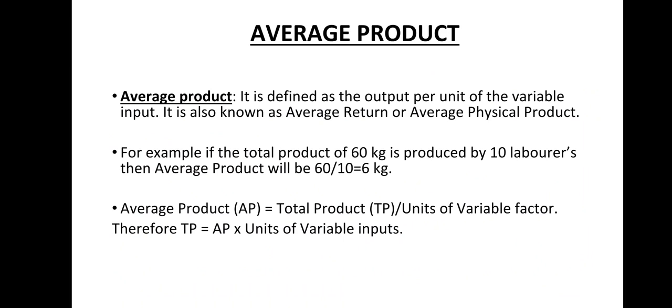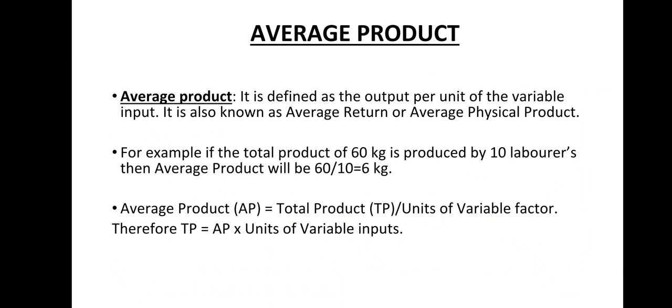Our next slide will tell us the meaning of average product. Average product is defined as the output per unit of the variable input. It is also known as average physical product or average returns.